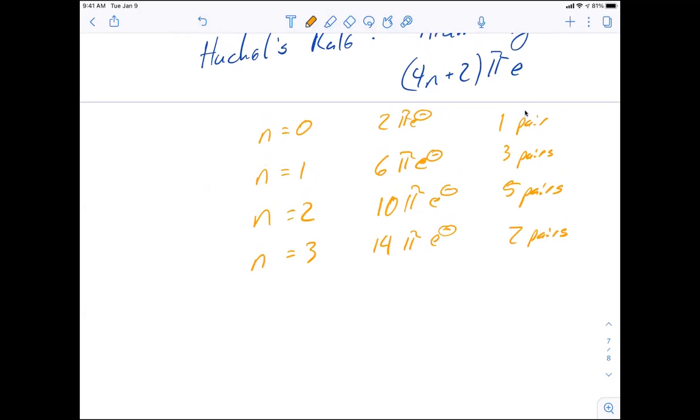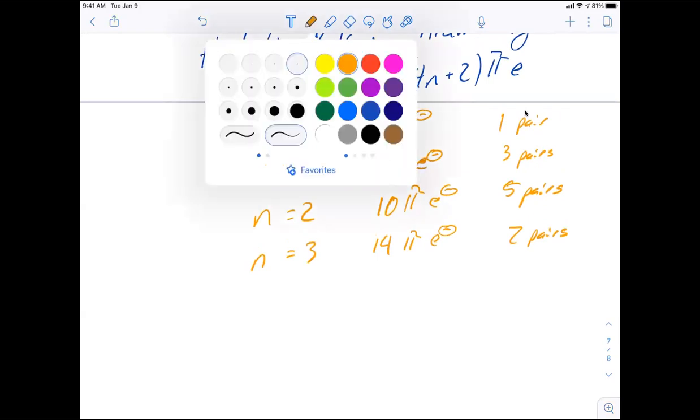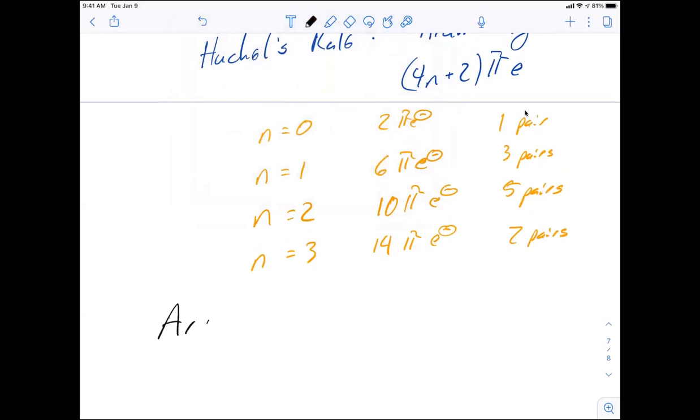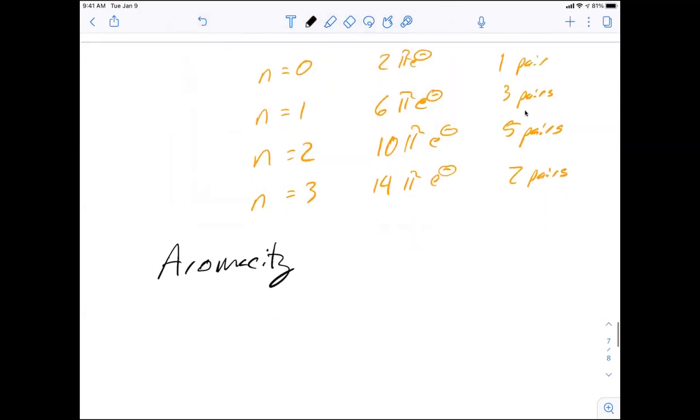Okay. So Huckel's rule is important to aromaticity. So aromaticity is this stability that we're looking for. And what we want is a cyclic pi electron system.